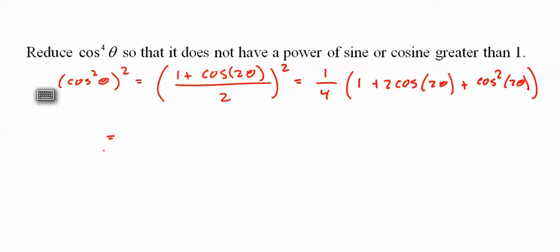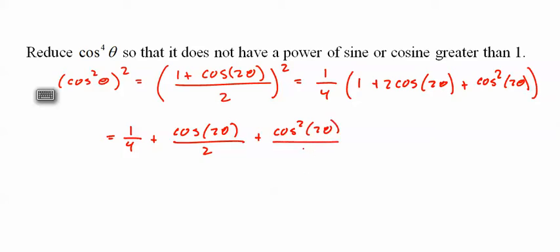And we can distribute through the 1/4, I suppose. Now we want to get rid of the cosine squared 2 theta. So, hey, we know what to do. The rest comes along for the ride.